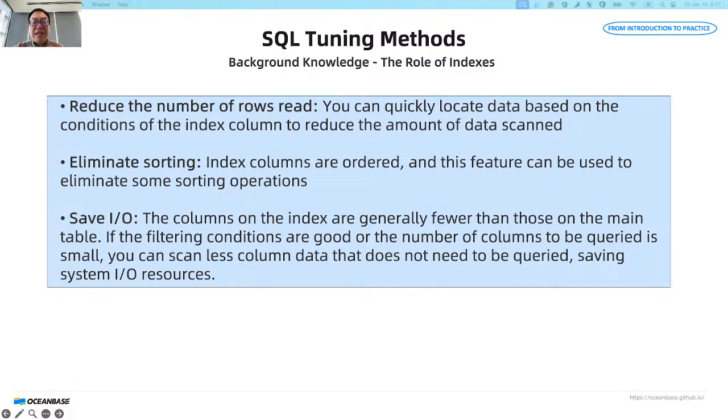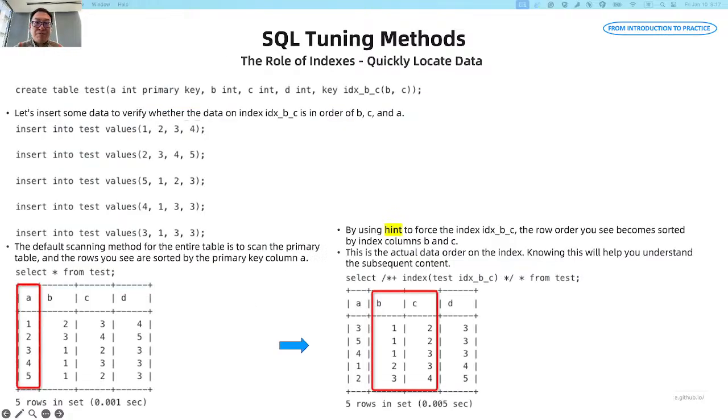Let's take a simple example. In the test table, column A is the primary key column, and then create an index IDX_BC on columns B and C. We insert a batch of data and then select all of them.